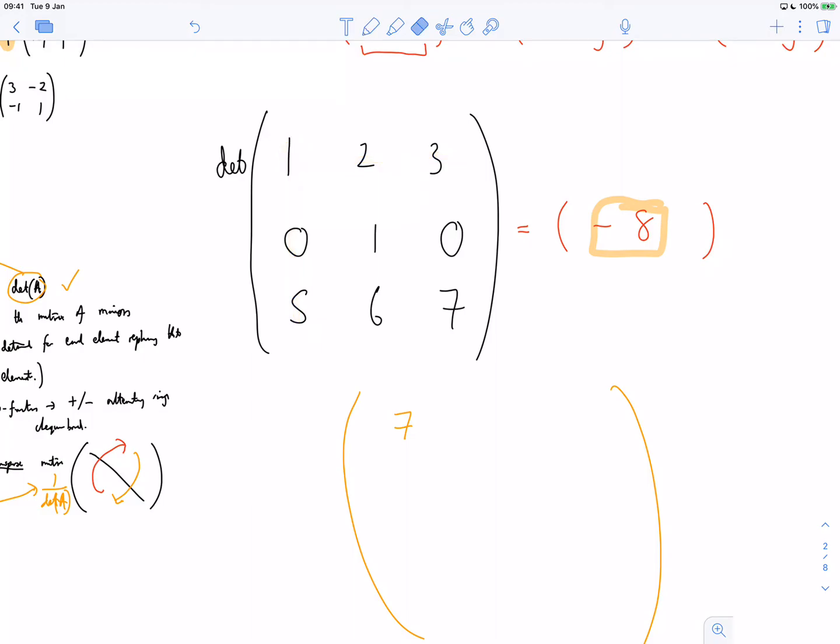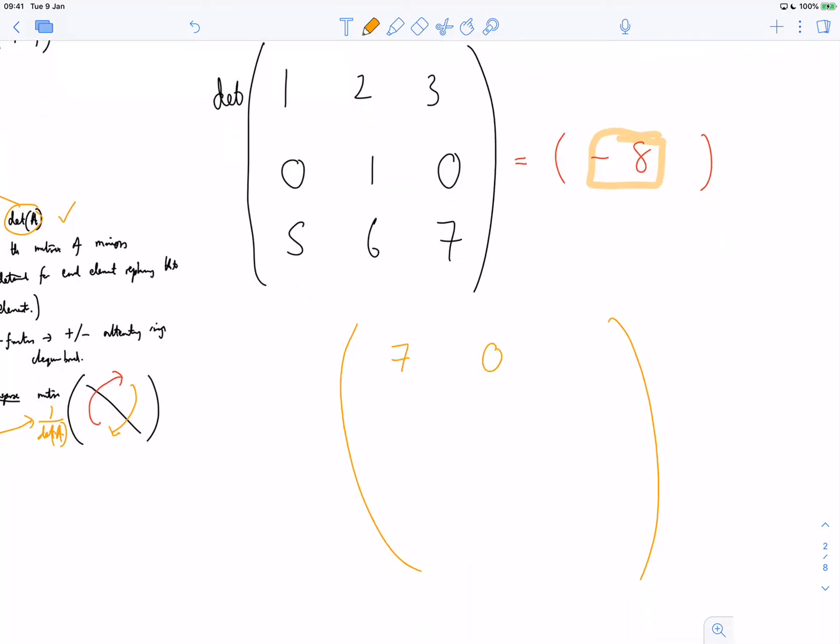Then for this element, I cross that out, and now I have to do 0 times 7 minus 0 times 5, and that's clearly going to be a 0. So that element is 0. Then for the 3, I do 0 times 6 minus 1 times 5, so 0 minus 5, so that's just going to be -5, so -5 goes in here.